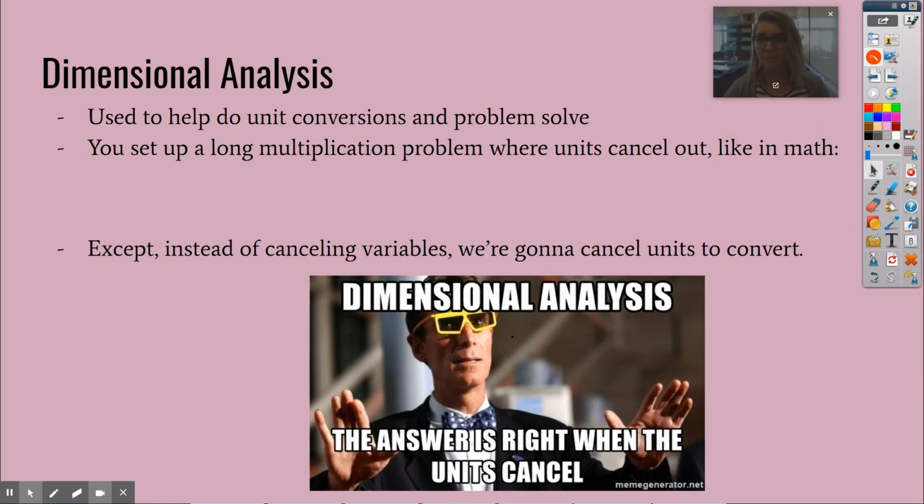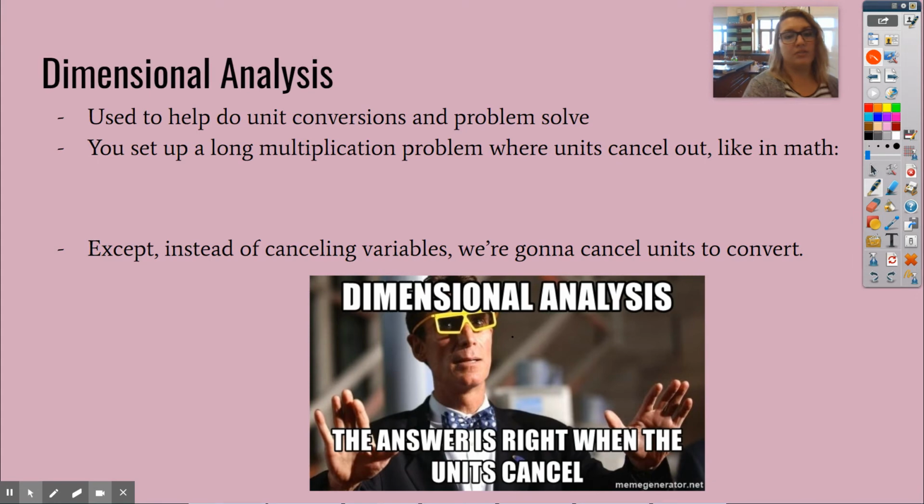So quick, brief intro. It does unit conversions and helps you problem solve. So if you know what units you need to get to, it's really useful. It's basically you set up a long multiplication problem where the units cancel out, which is very similar to algebra where you would cancel out variables.